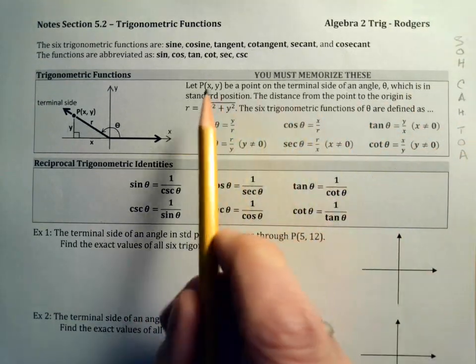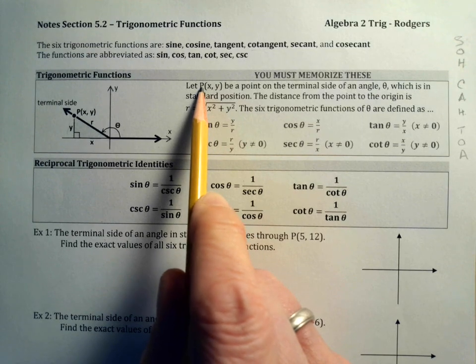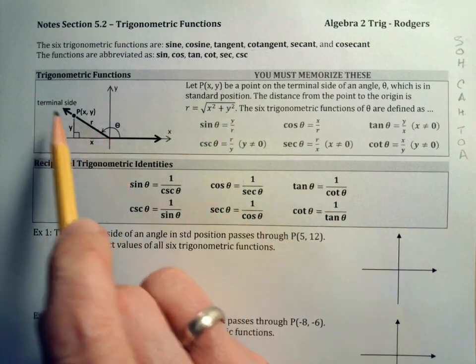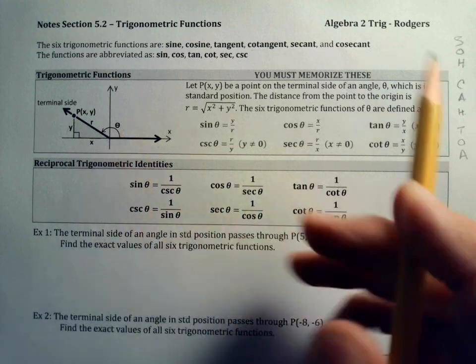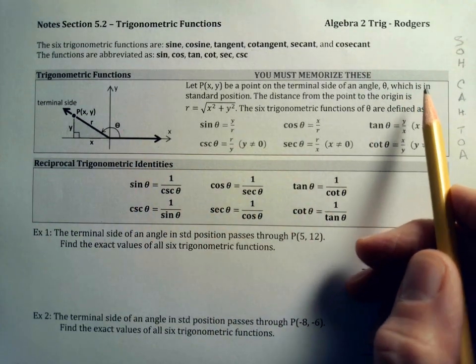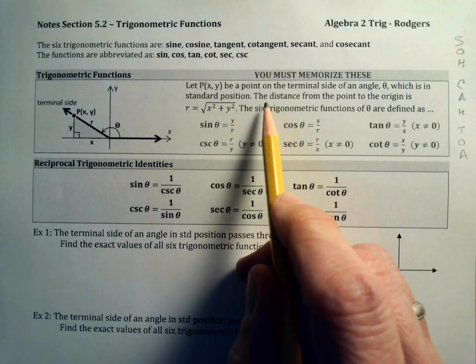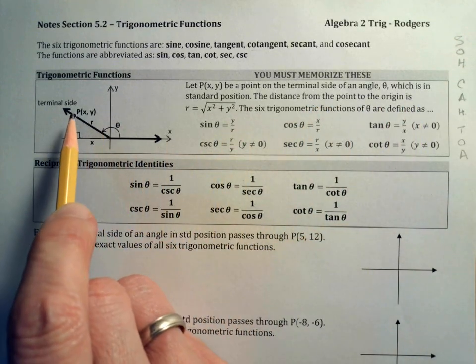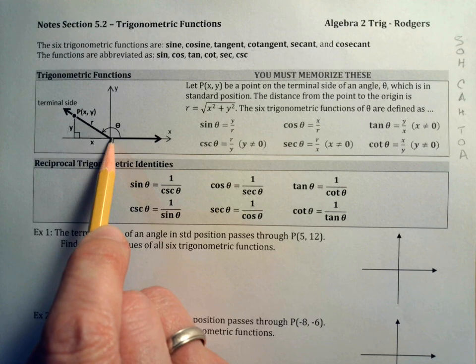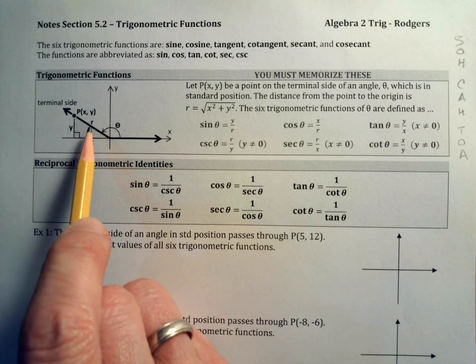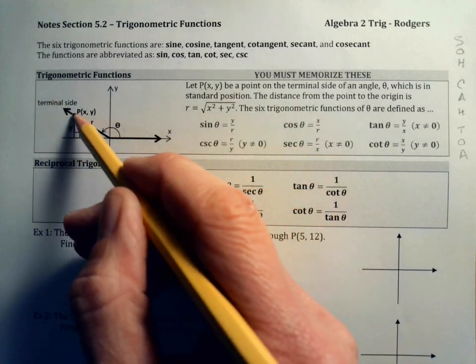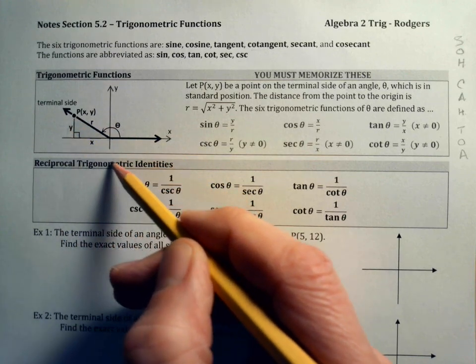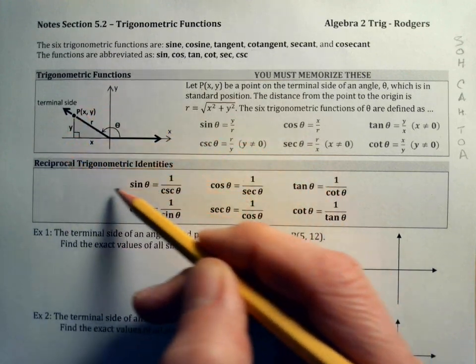Okay, so let some point x comma y be a point on the terminal side of some angle theta, in standard position, of course. The distance from the point to the origin, we will think of as r. We call it r because sometimes we're going to think of this as a point on a circle that goes around the origin.